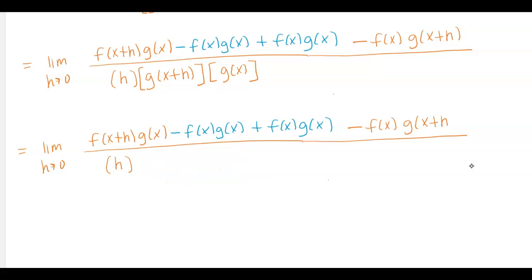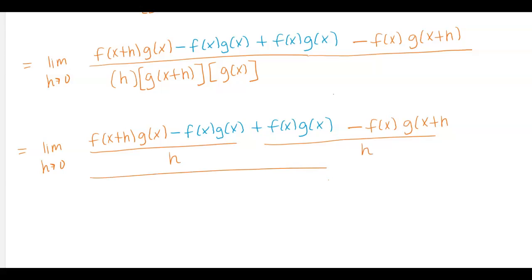You'll see what I mean in a second. I'm going to put h here and h here. And then the whole thing is going to be over g of x plus h times g of x.